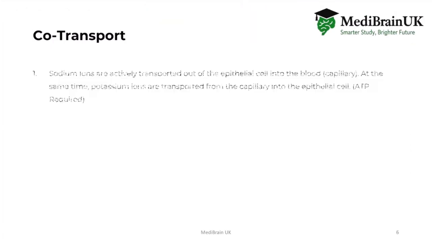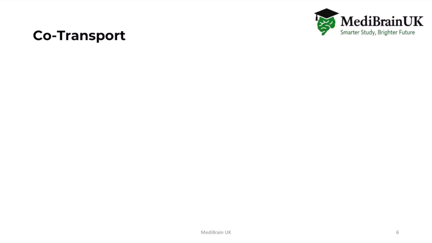That's the first step. So sodium ions are actively transported out of the epithelial cell into the blood capillary. At the same time, potassium ions are transported from the capillary into the epithelial cell. You come across this more later on, but this is basically your sodium potassium pump.